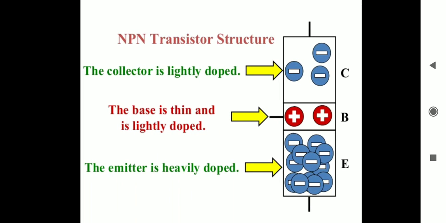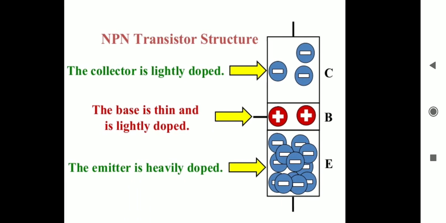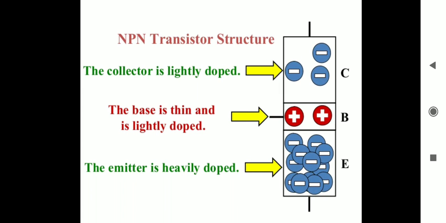Next, the forward active region, meaning in between saturation and cutoff. Next one is the inverse active mode. So this is about active biasing, or the transistor biasing in the active region.